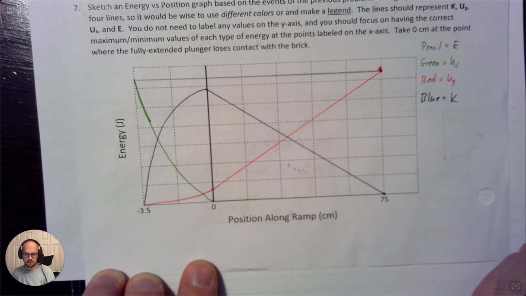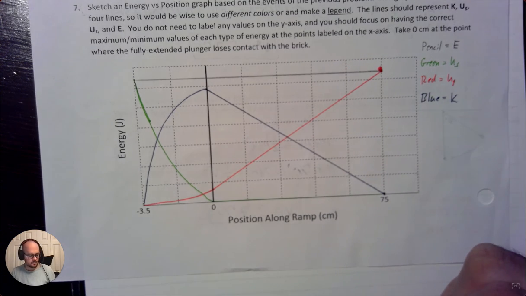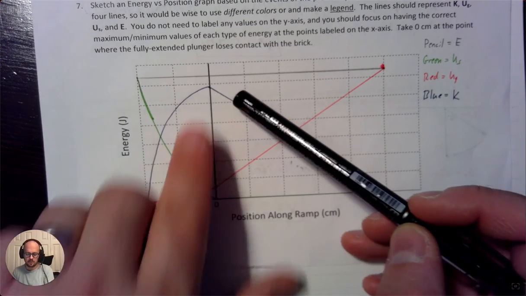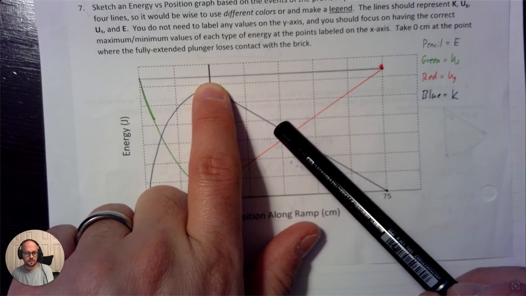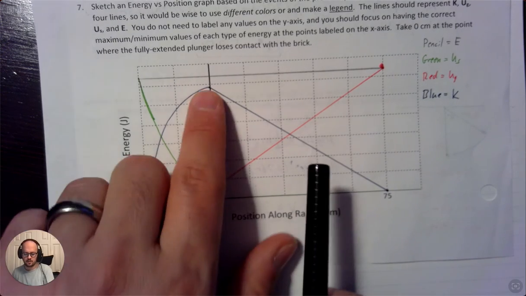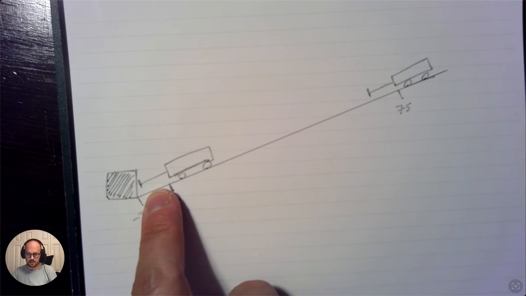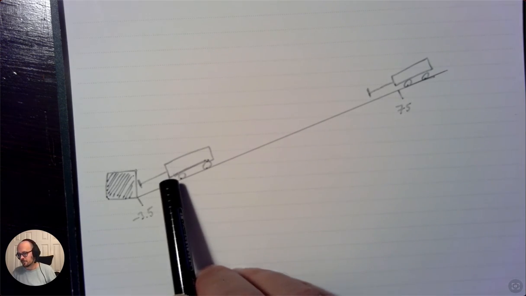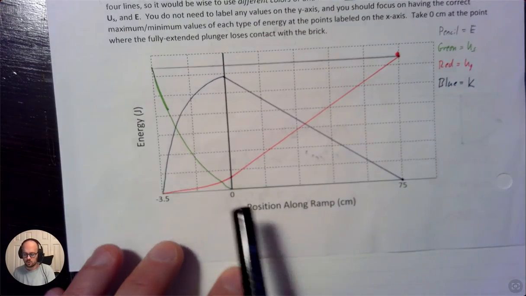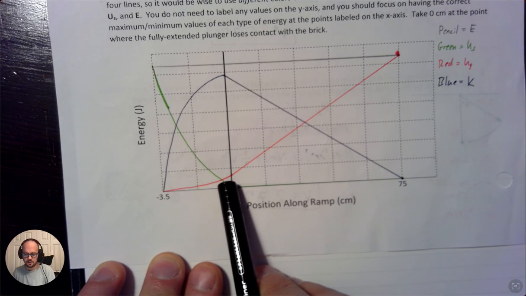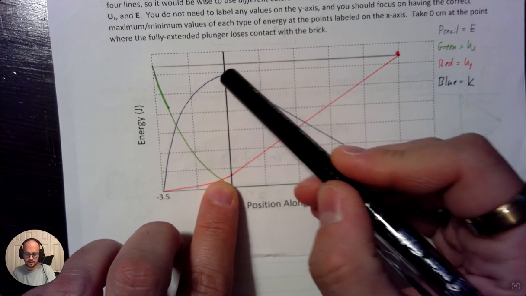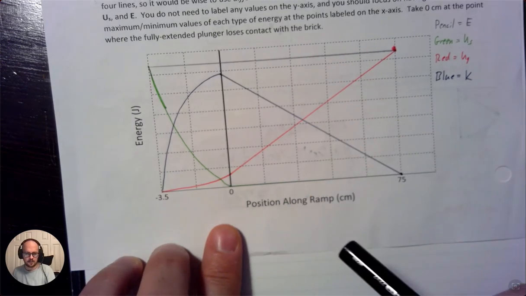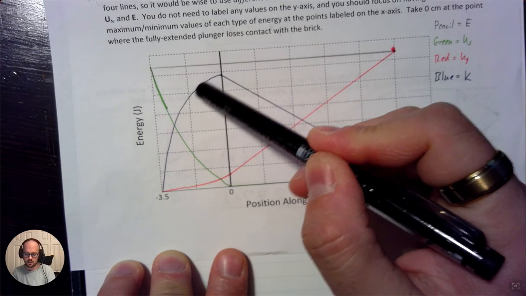The thing that someone who's going to get this mostly right might miss is that the kinetic energy can't go all the way up to the maximum, because when the plunger is fully extended, technically speaking, the cart has moved up the ramp already. And that means it has stored a little bit of gravitational potential energy. And so it's only the difference between the mechanical and the gravitational that the kinetic can get to. So it goes up with that quadratic shape to it.